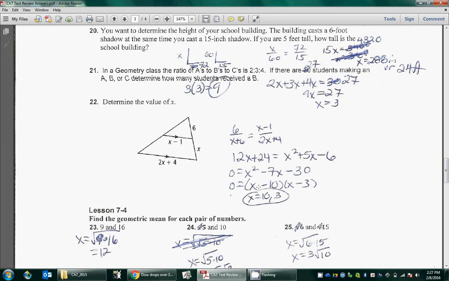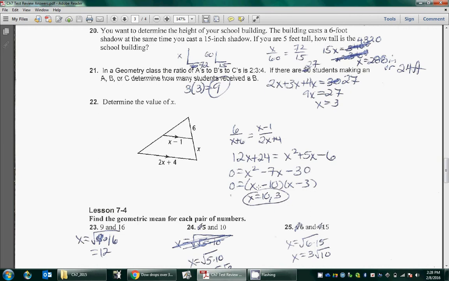It says the height. So if it says just the height, just the length, I know I'm not doing a total. When I'm not doing a total, proportion, proportion, proportion. When I am doing a total, remember you got to add the pieces. So I know I'm doing proportion here.